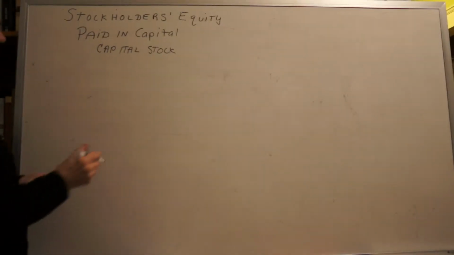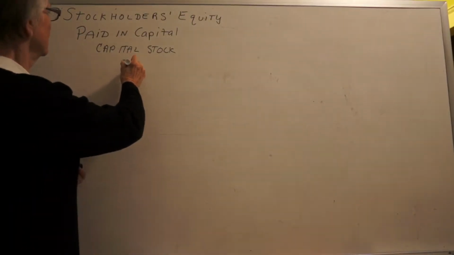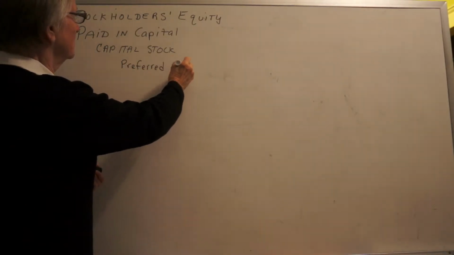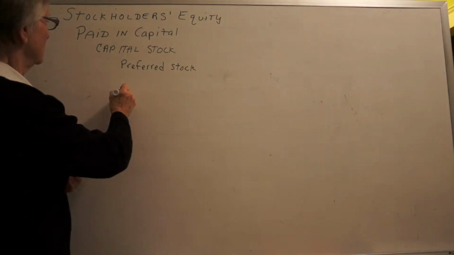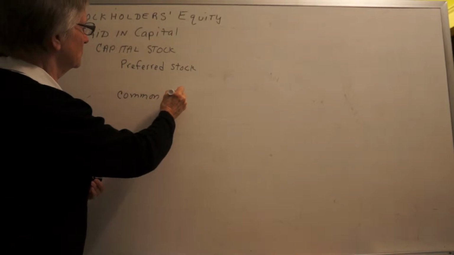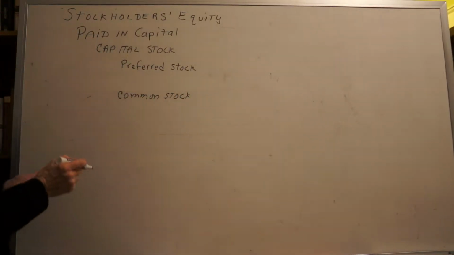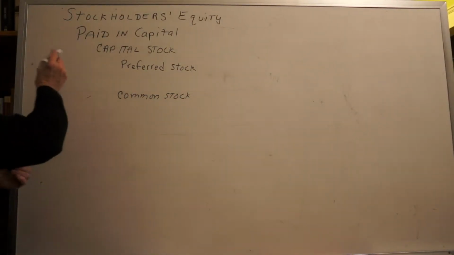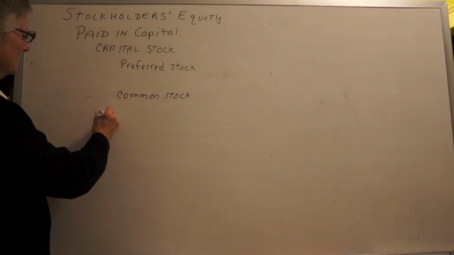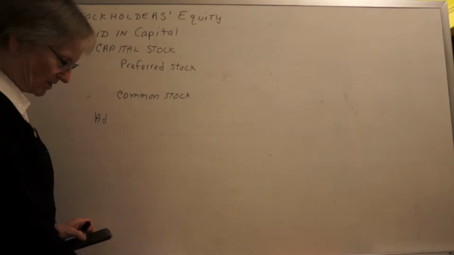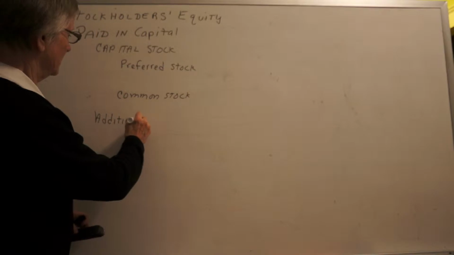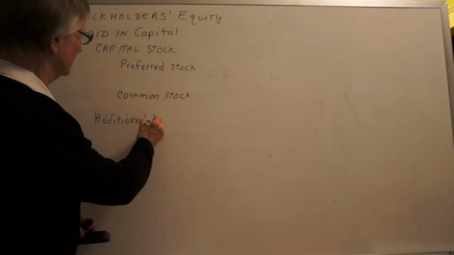Your preferred stock would be listed first with all of the detail about it, and then your common stock would be listed second if you have two classes of stock, with all the detail about that. The other part of paid-in capital is going to be additional paid-in capital, and that's over and above the par value.